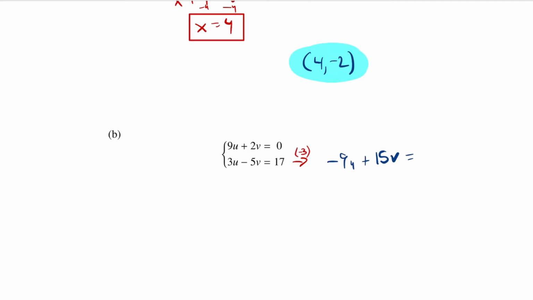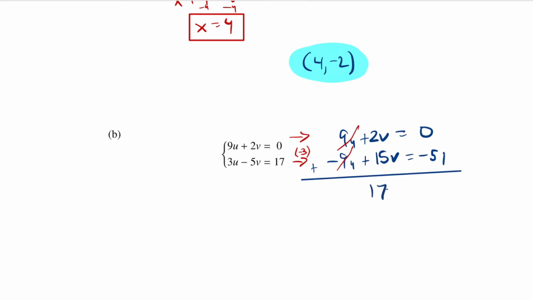Yeah, -51. The top equation stays the same. All right, we get our elimination. We end up with 17v equals -51. Divide by 17, and we get v equals -3.